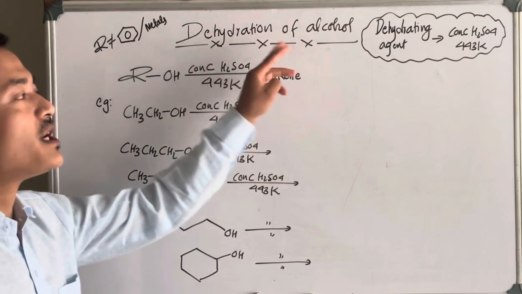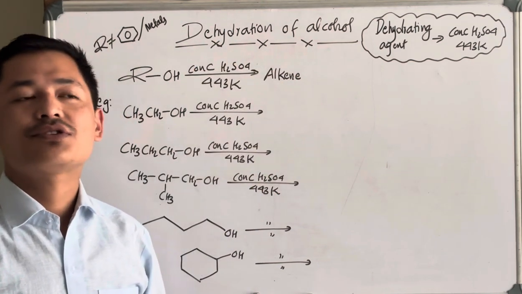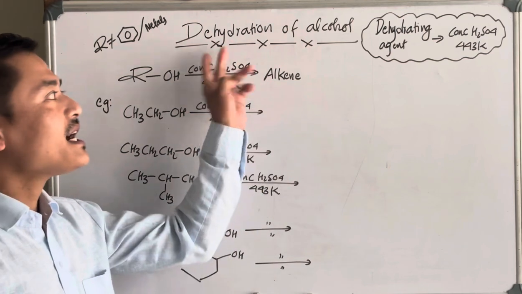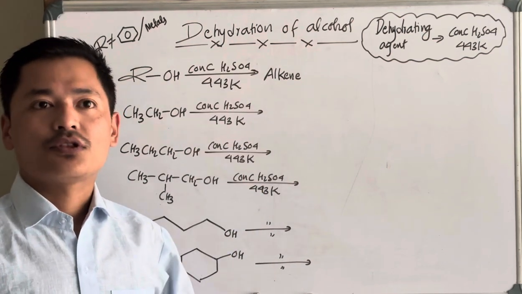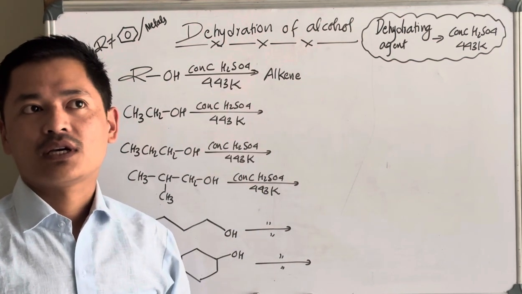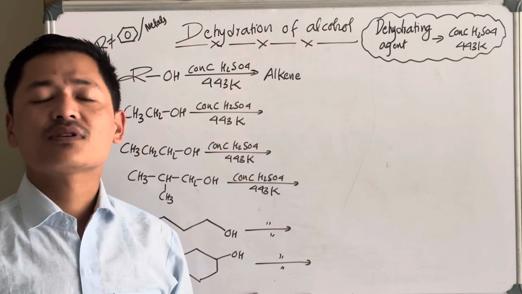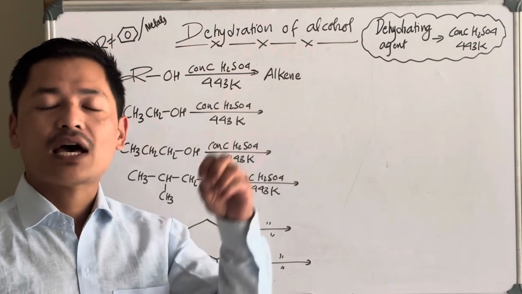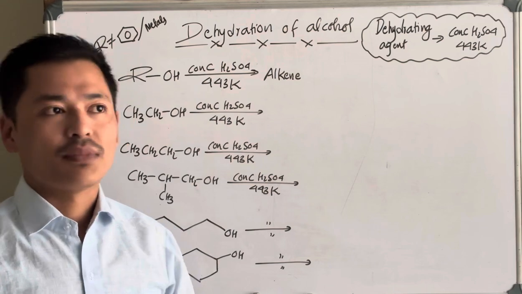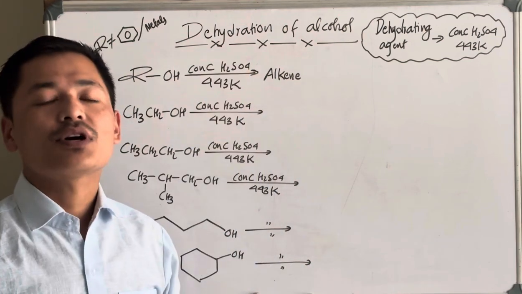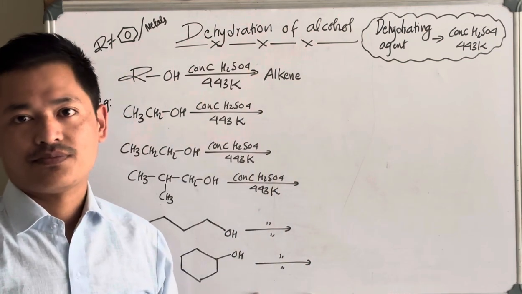Now what do we understand by the term dehydration of alcohol? Dehydration simply means the removal of water. Hydration means you are adding water, but dehydration means you have to remove water.